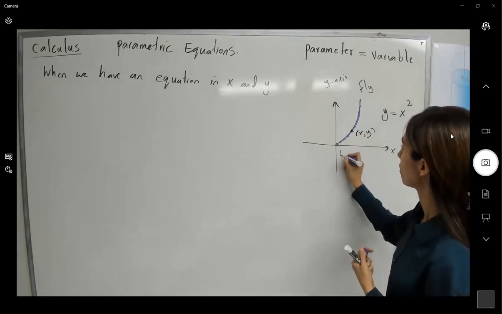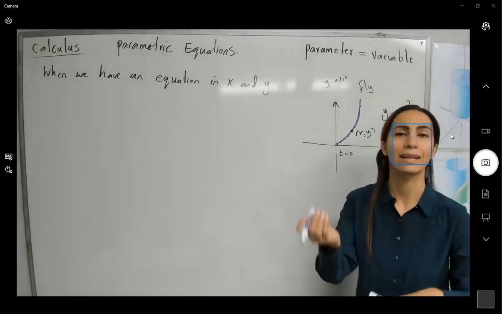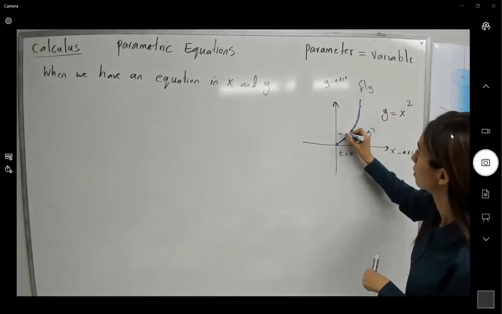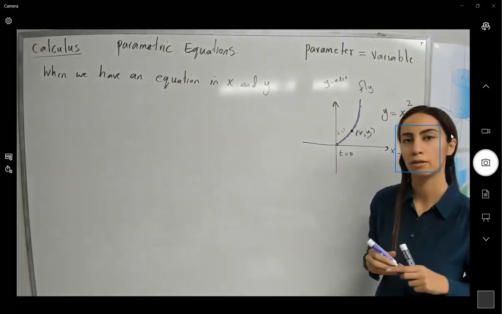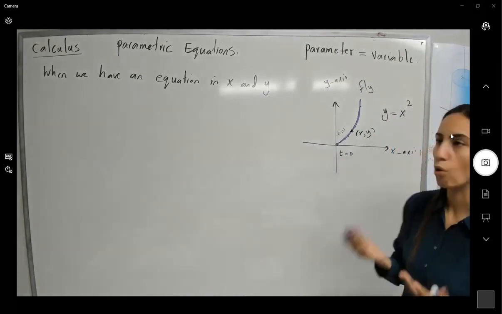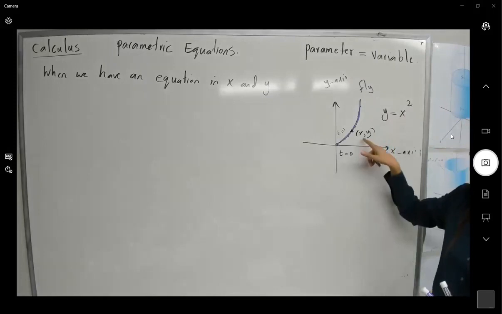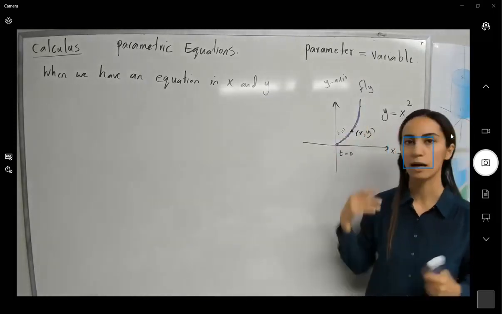T equals 0. Then after 1 second, the fly is here. T is equal to 1. And it keeps going. Well, the question is, how do you connect the position of the fly, of the plane, of the particle, to the time?